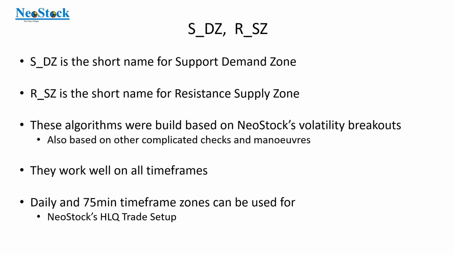But sometimes we can predict this could be a high liquidity zone. Maybe it could be any one of these types. I'm not saying S_DZ, R_SZ, but it may qualify as one of these high liquidity zones. How do we identify it? Because the same zone is tested again and again, and new institutions keep on creating new zones.